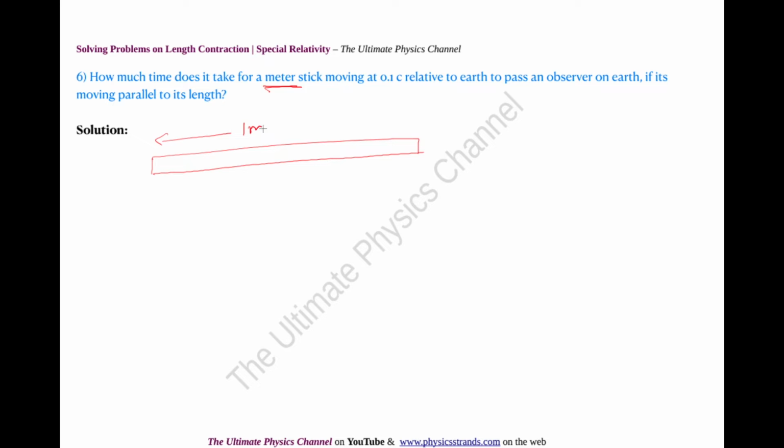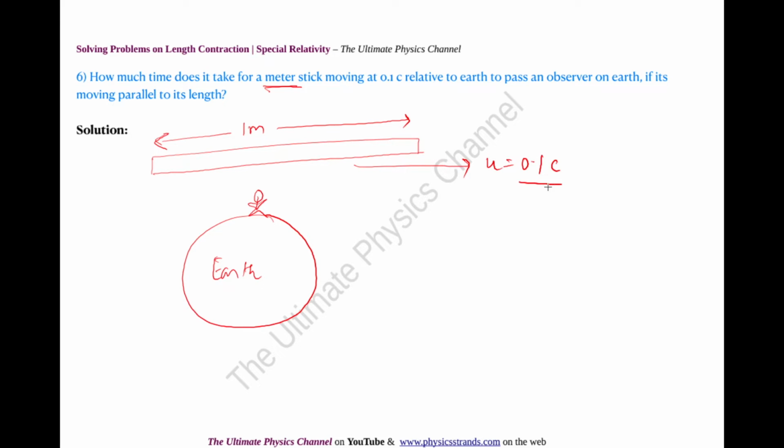Actual length is only 1 meter in its rest frame, but now it is moving with respect to an observer on Earth. An observer on Earth is watching it move past him at a speed of 0.1 times the speed of light, 0.1 c.